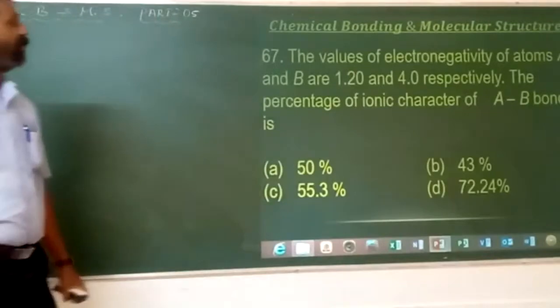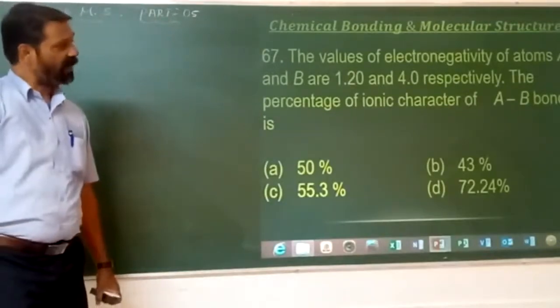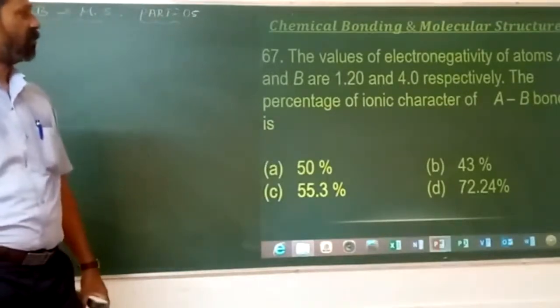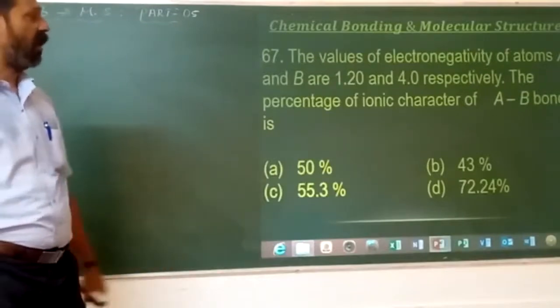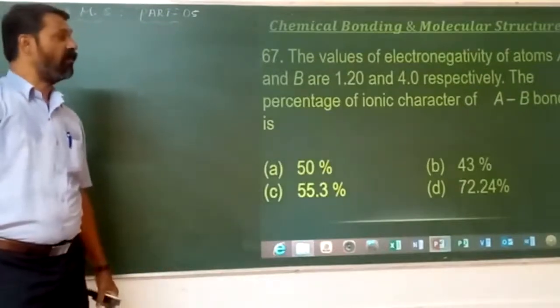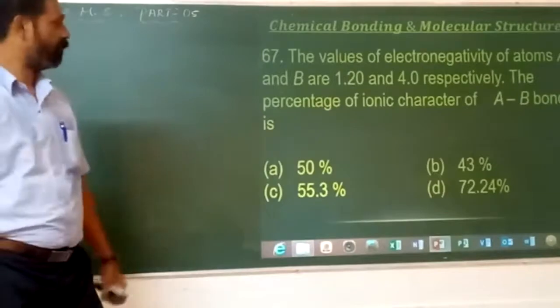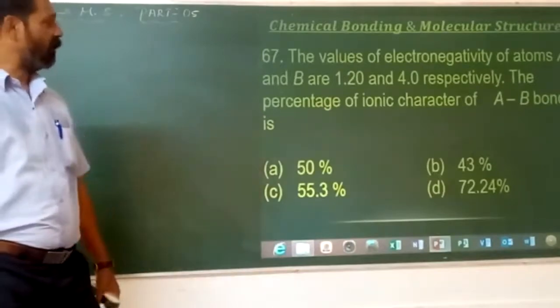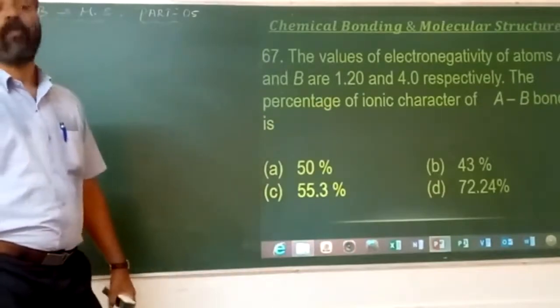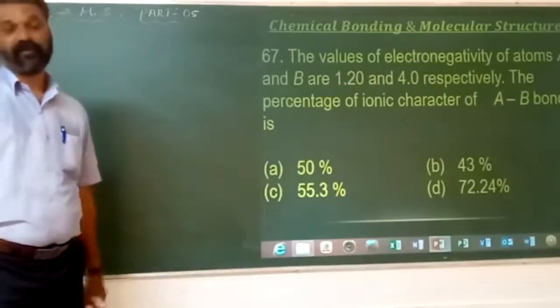So now we move on to the 68th question. The values of electronegativity of the atoms A and B are 1.2 and 4.0 respectively. The percentage of ionic character of the AB bond is how much?